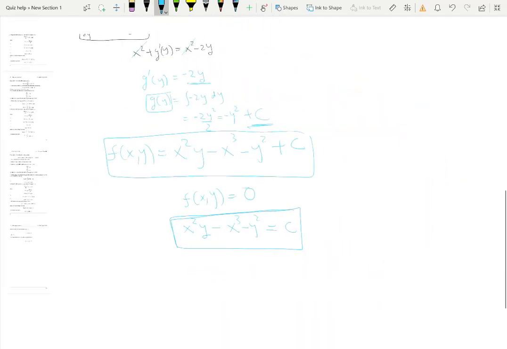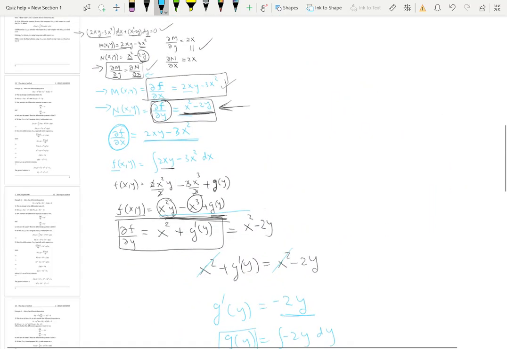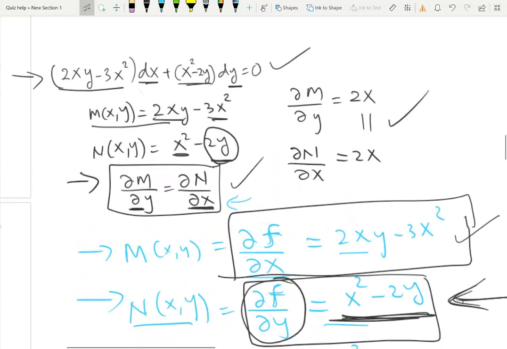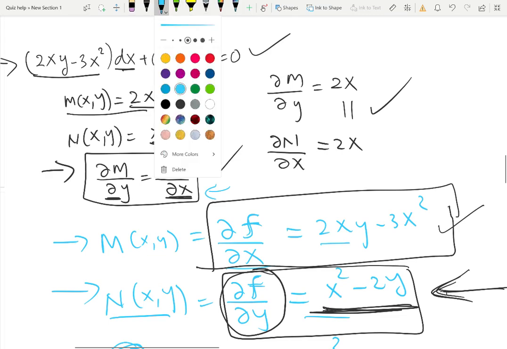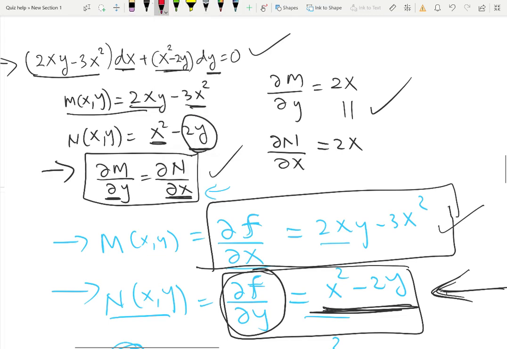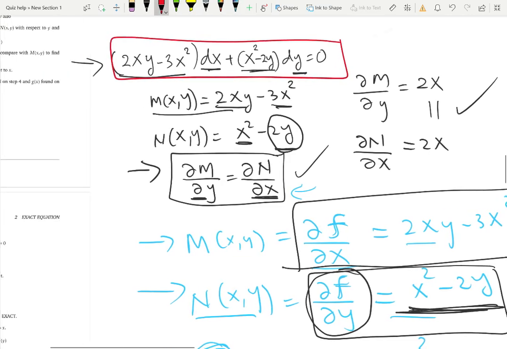Okay, so that's how we solve an exact equation problem. Let me recap, because this is the first example, so be with me and learn how we solve the problem. First, you are given a differential equation. Now figure out M and N. So M is this, N is this.